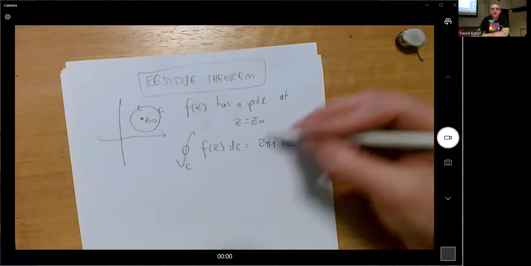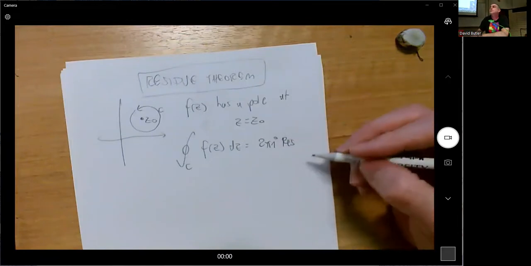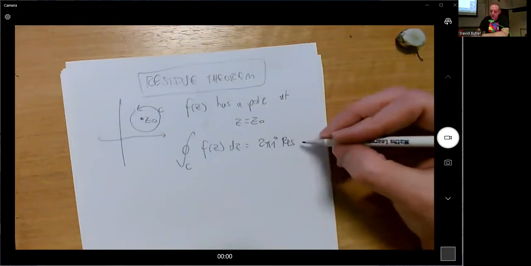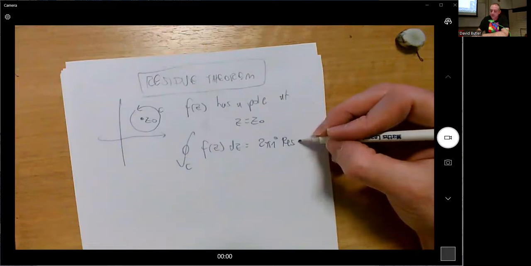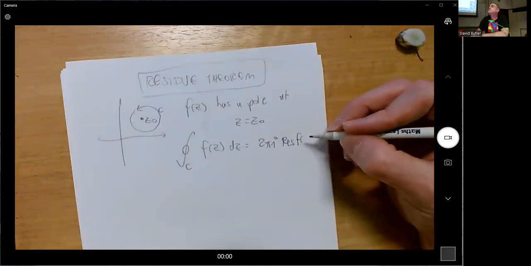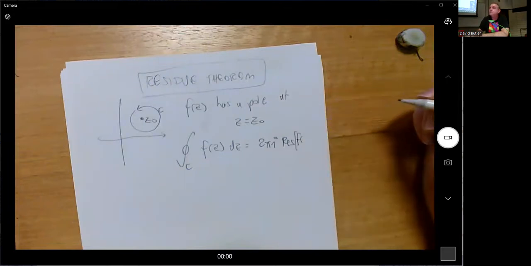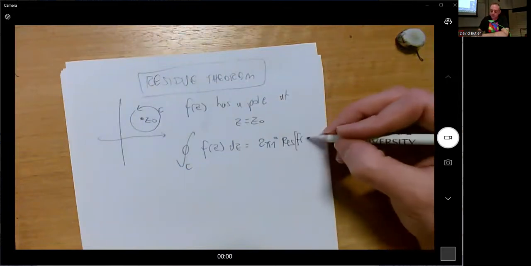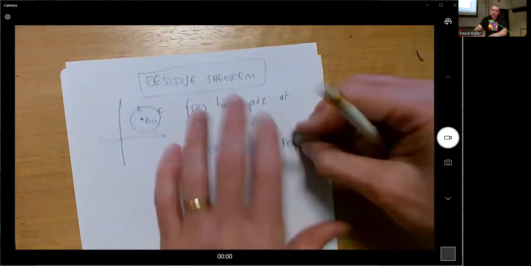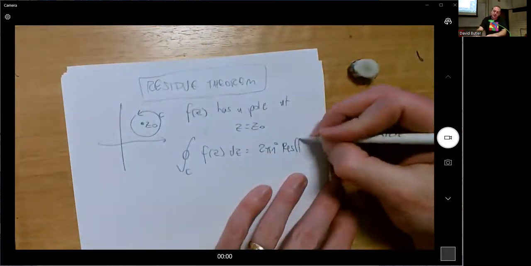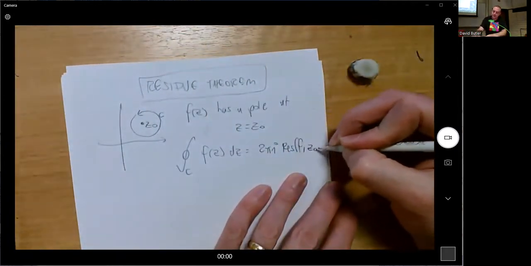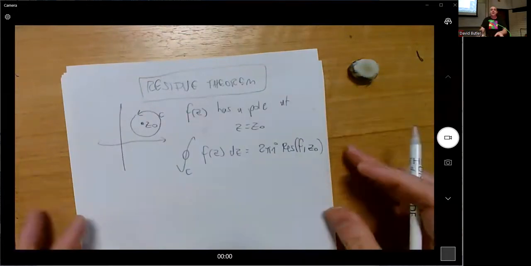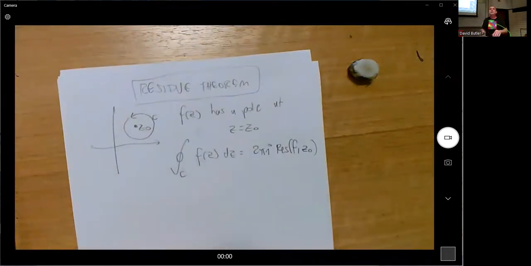What's the notation for residue? Res of f at z. So the residue of f at z, in our case z naught. And then if you have several of them, you just add them all up. Okay.